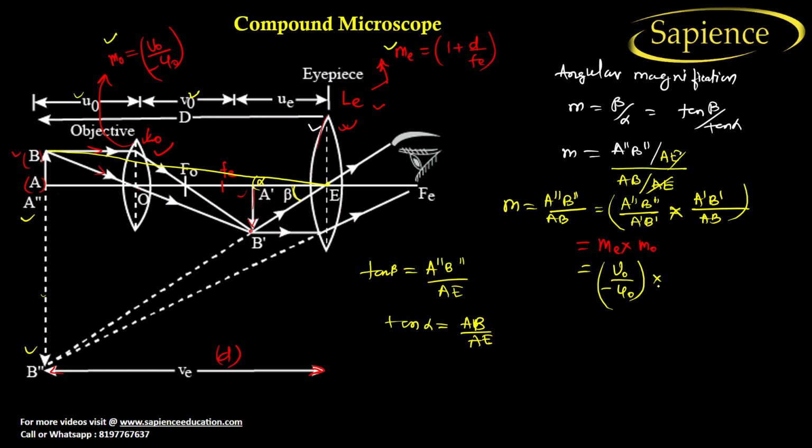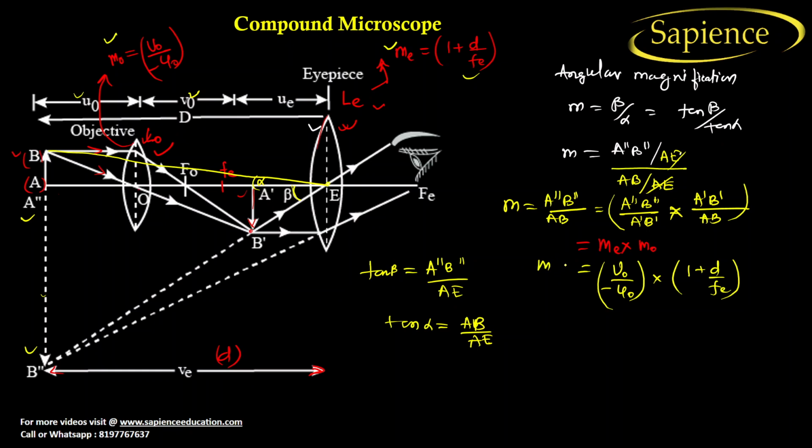Now what about the eyepiece magnification? Eyepiece magnification is equal to 1 plus d by fe, okay. So this is magnification, right?